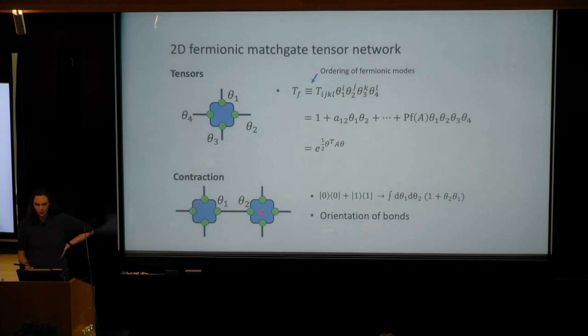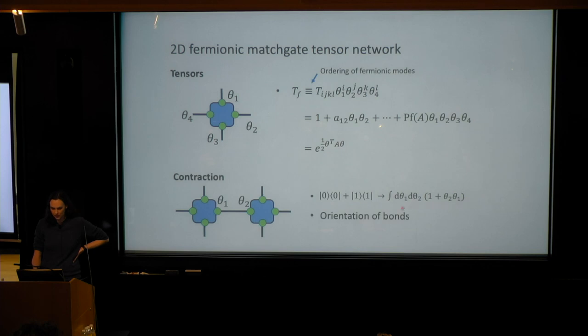This is really the same thing. And this is exactly what you also do in this fermionic formalism. So you introduce an integral over Grassmann variables and multiply with this projection.